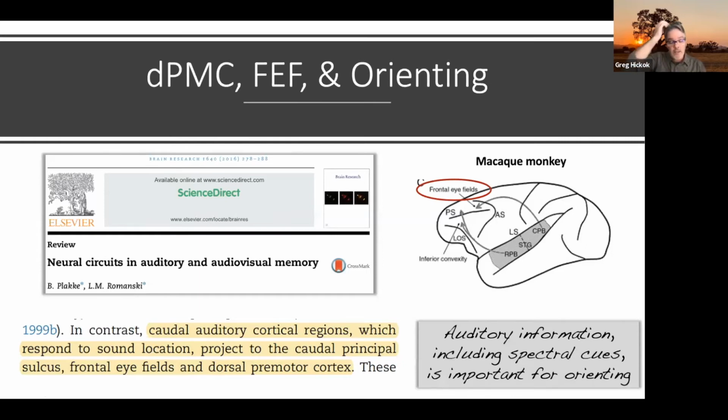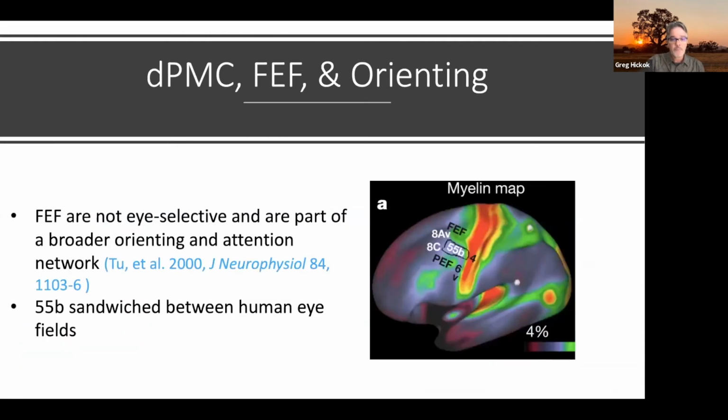Interestingly, we normally think of localization as involving interaural time differences and level differences, but spectral cues are used as well to localize in the vertical dimension. So that's important for orienting, making the case that it's not just time delay information that's getting up there.